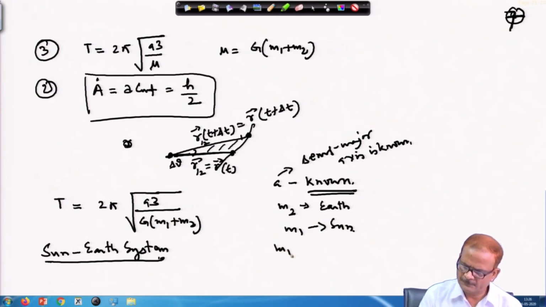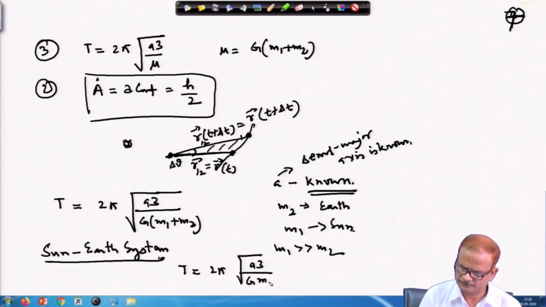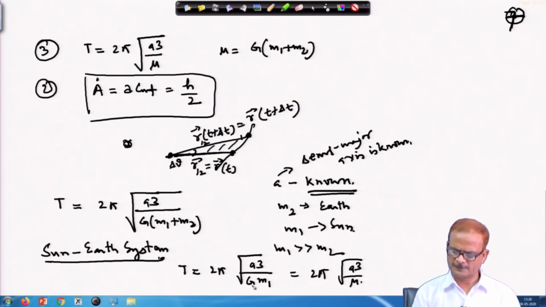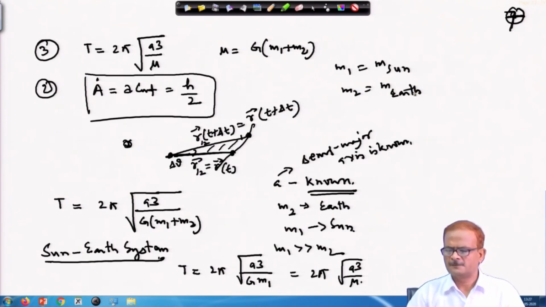So, if m1 is much greater than m2, the above equation will get reduced to this format, 2 pi root of a cubed by mu, where mu equals G times m1, m1 being the mass of the sun, m earth being negligible.